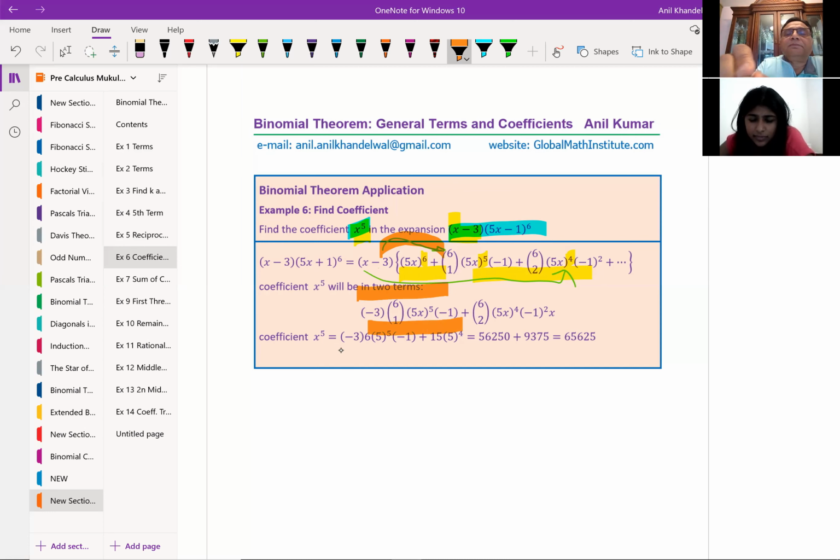Now, I have multiplied with x the second term, which is x to the power of 4, and I got my second term, which has x times x to the power of 4 gives me x to the power of 5. So I have two terms which have x to the power of 5 in it. Right. The coefficients can now be added because they are the like terms. So you add the coefficients and get your answer.